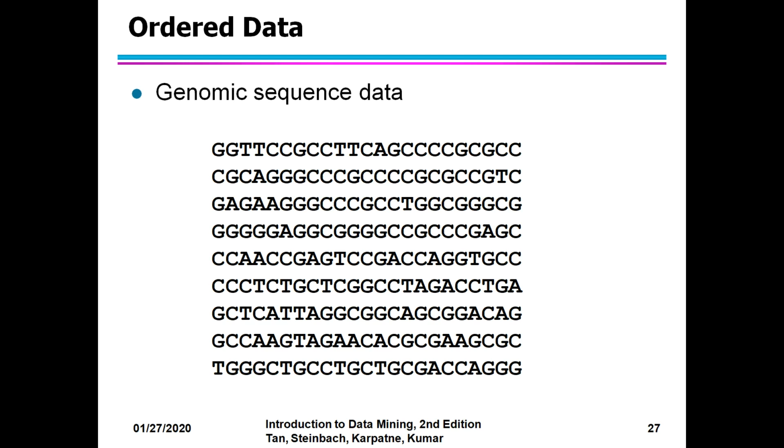This data represents the sequence of all of an organism's chromosomal DNA as well as the DNA contained in the mitochondria. Here, GGTTCCGCT represents the genomic sequence, where the DNA structure of a particular human being is represented.